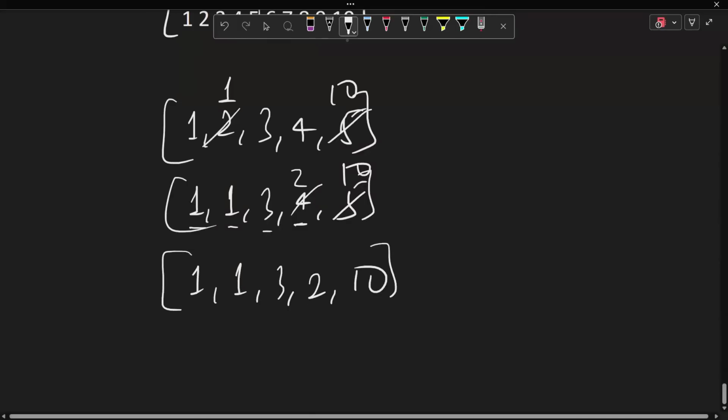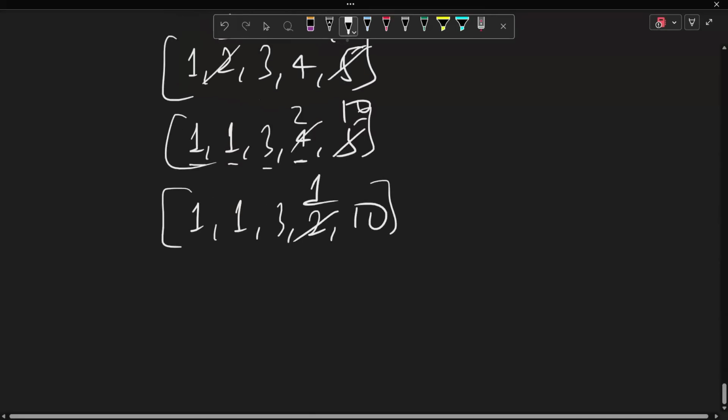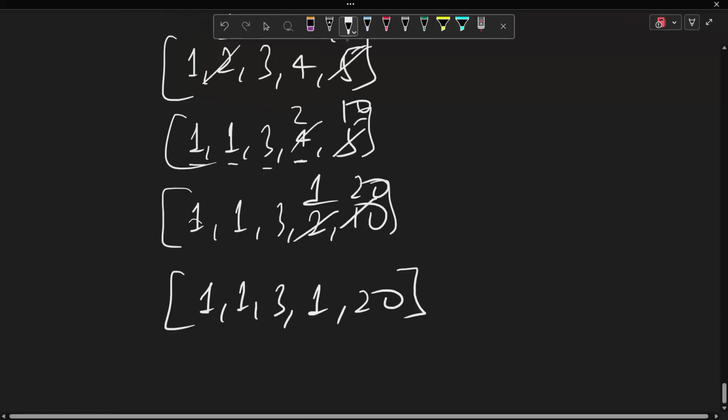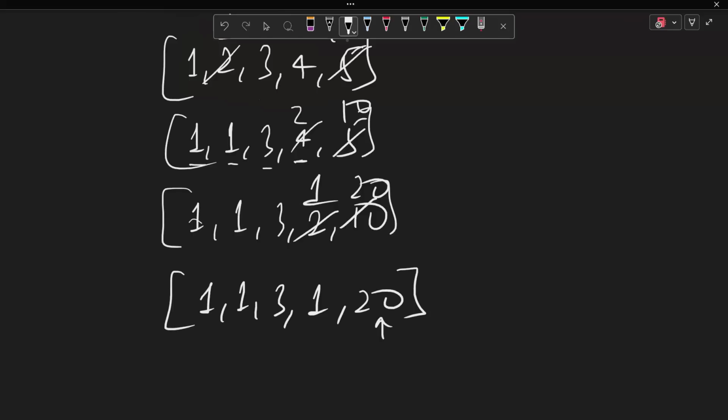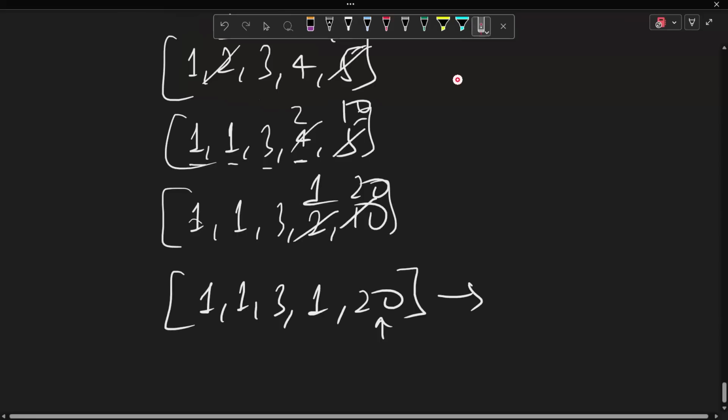Again, here this is an even value. You can divide it by 2, make this double. After this, you cannot perform any operation. This is an even value, but it doesn't have anything forward where you can transfer its factor of 2. So here the maximum sum was 1 plus 1 plus 3 plus 1 plus 20, which was 26 in this case.